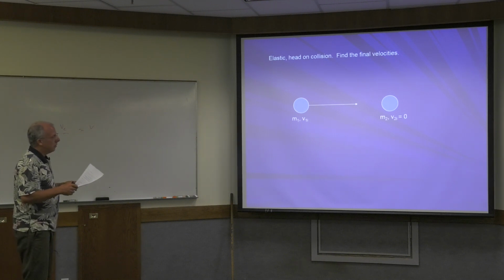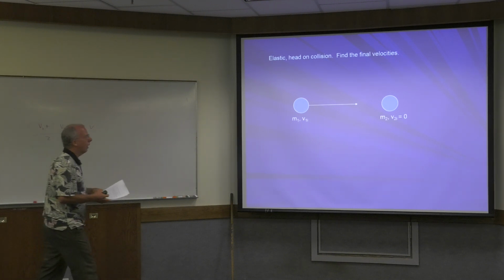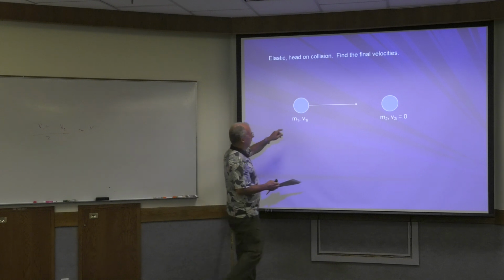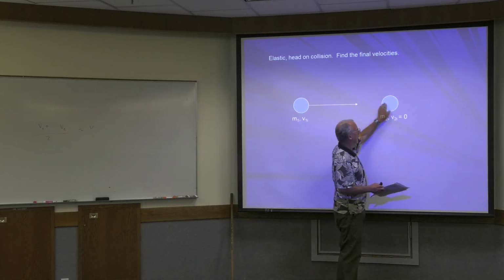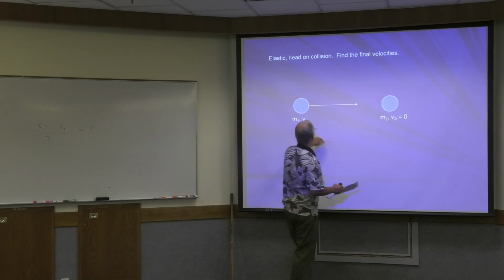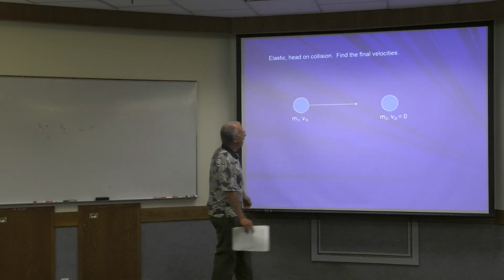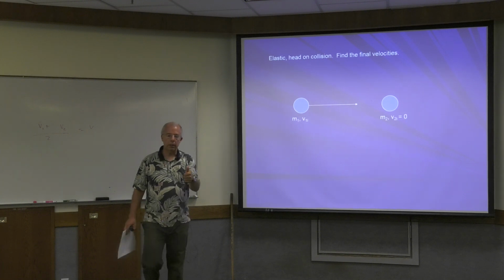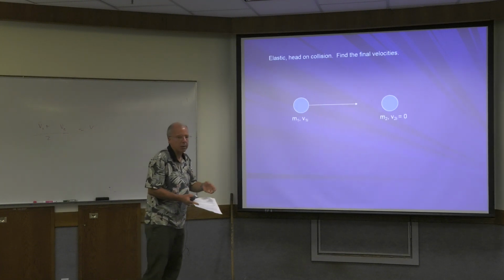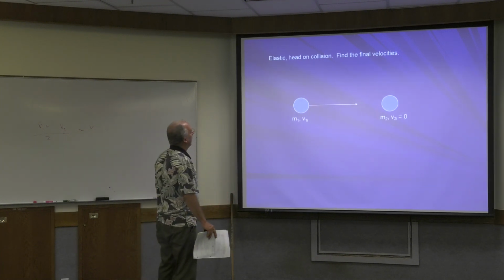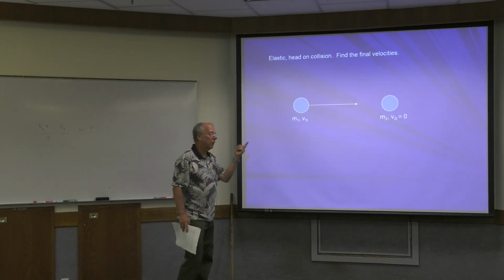So here's what's called an elastic head-on collision. This one is stationary, right? And this one is moving. And we're going to say it's an elastic collision. So they're like hard spheres, okay? They're not rotten grapefruits. And so what's conserved?